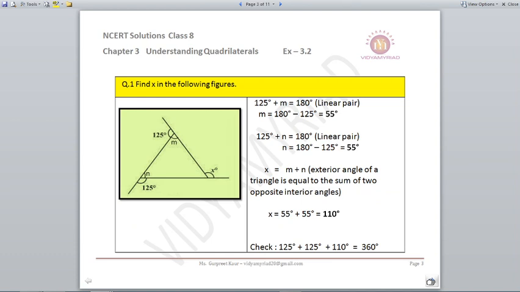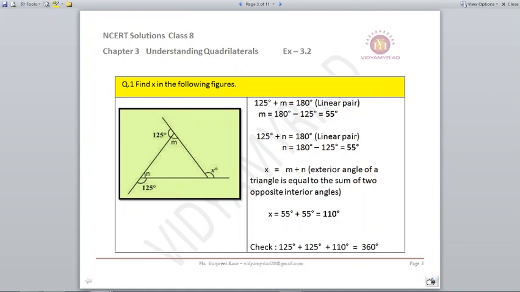Now, here we need to find out the value of x. You have 125 degrees on the exterior of your triangle, and there is one more 125 degrees and x on the exterior. Let us first find out m and n. How are we going to find out? On the basis of the linear pair, since they are lying on a straight line.